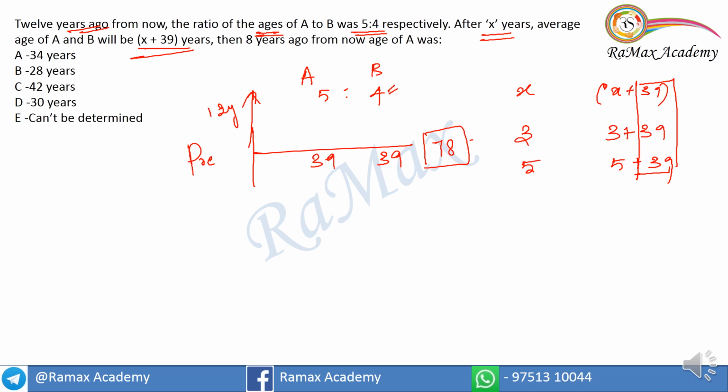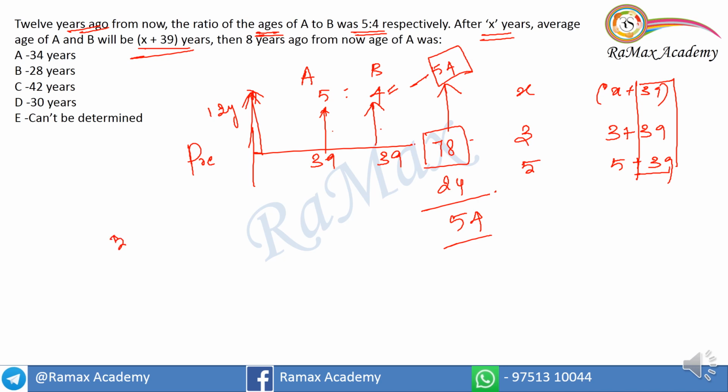The ratio hint is given 12 years before. So we need to drag this information back 12 years. For that, we need to subtract 12 years for two different people, which means we have to subtract 24 from 78, which is 54. Which means 54 is the total age of two people 12 years before.